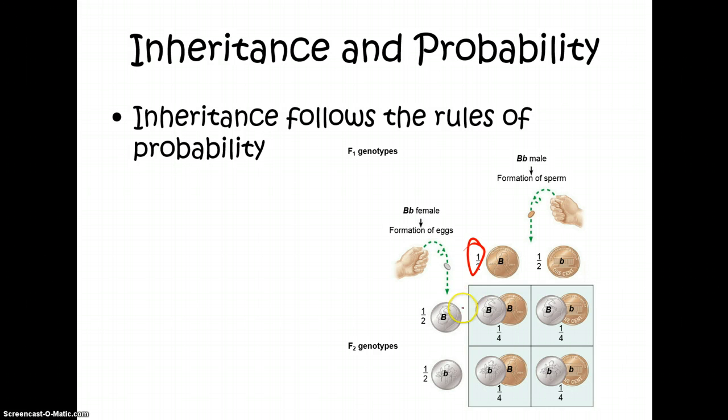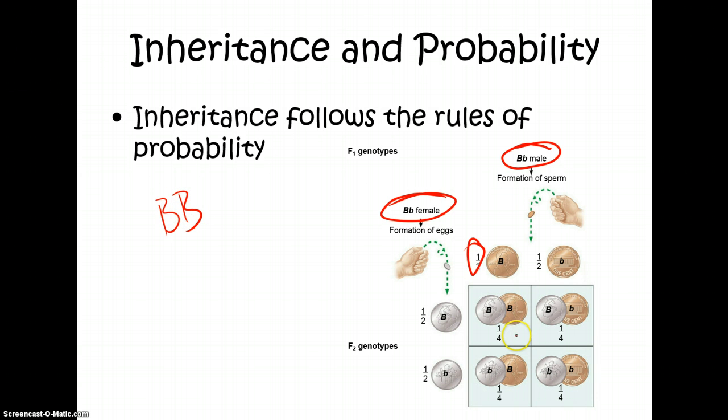Okay, so what we want to know is how to apply this in offspring. If I gave you a Punnett square like this and told you that dad and mom are heterozygous, meaning they have a capital and a lowercase letter, and I asked you what are the chances of one of their offspring being homozygous dominant, you need to be able to look at this and go, okay, homozygous dominant means we're going to have 2 big B's.